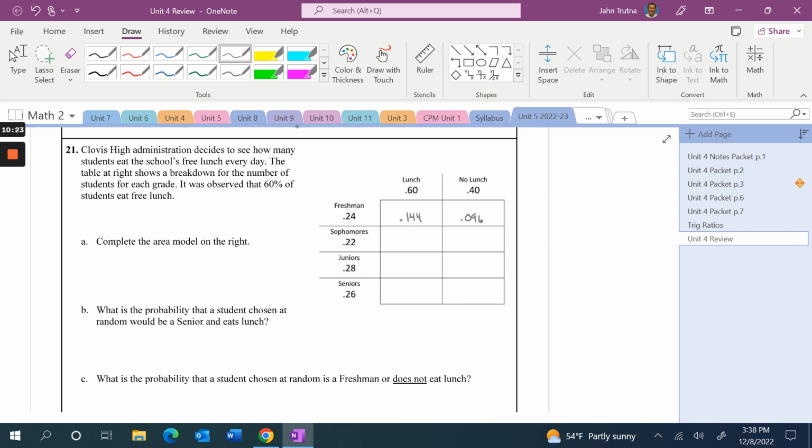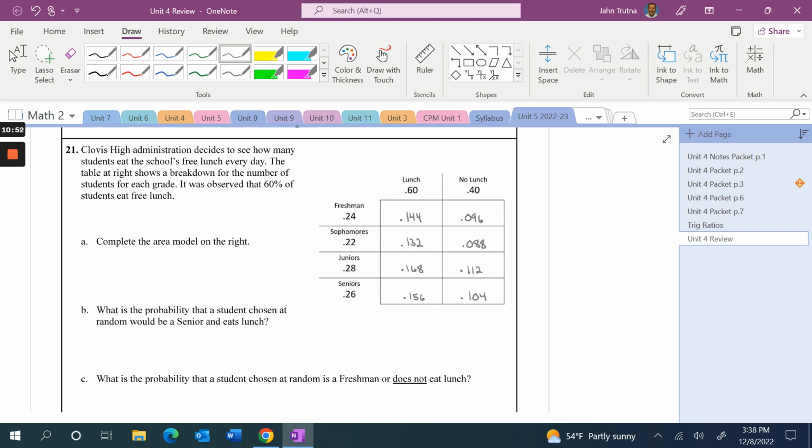And you just keep multiplying, and these would be the values as you multiply the two values together. This is just a matter of multiplying. Just be careful when you're doing this. On a calculator, make sure you are putting the decimals in when you're multiplying, and make sure when you get the answer, you read it correctly where the decimals are. And this is the result that you would get when you fill out the area model.